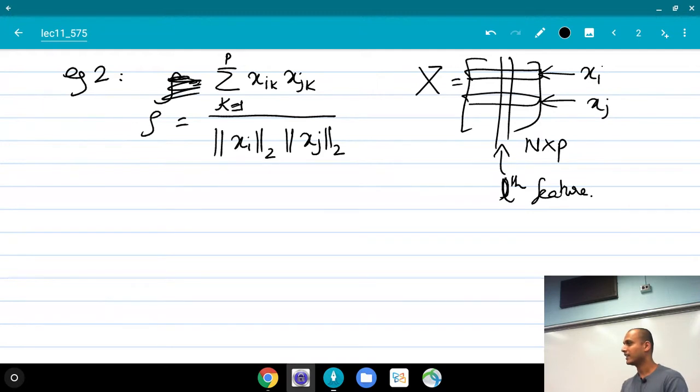Okay, that's all. So when exactly are you taking the correlation between xi and xj? Shouldn't you also normalize it horizontally? Oh, good question. So let me see.